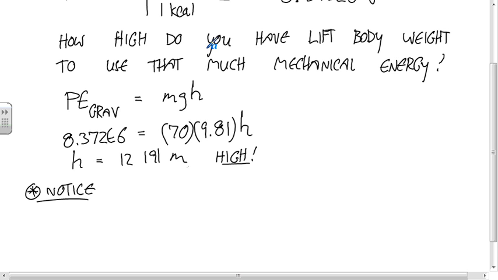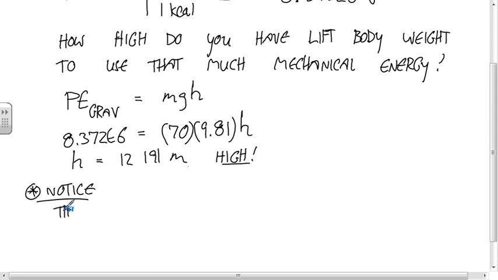Your body's dealing with thermal energy. The quantities of thermal energy that we deal with on a daily basis are really big compared to the mechanical energies that we deal with, and we'll see the electrical energies when we talk about electricity.